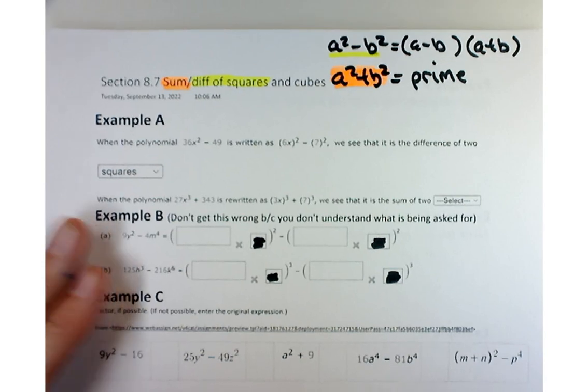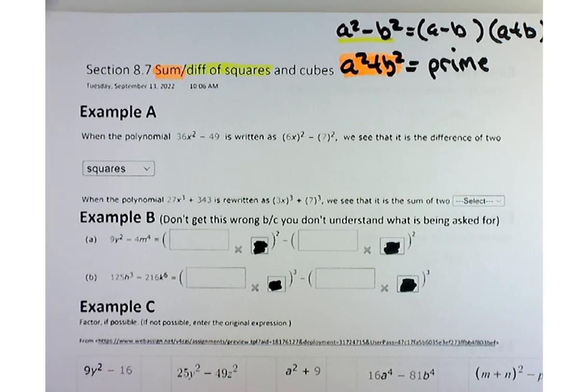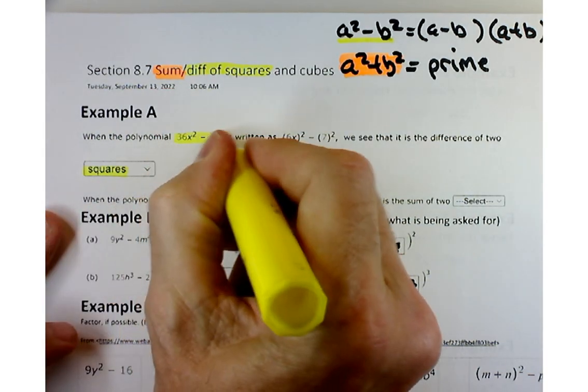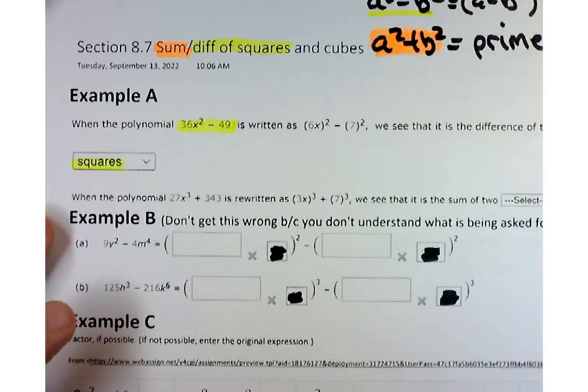Now the first example is me just giving you a little vocabulary, that this is the difference of squares. Typically speaking, you're going to see stuff like this, and you're going to be asked to factor it.